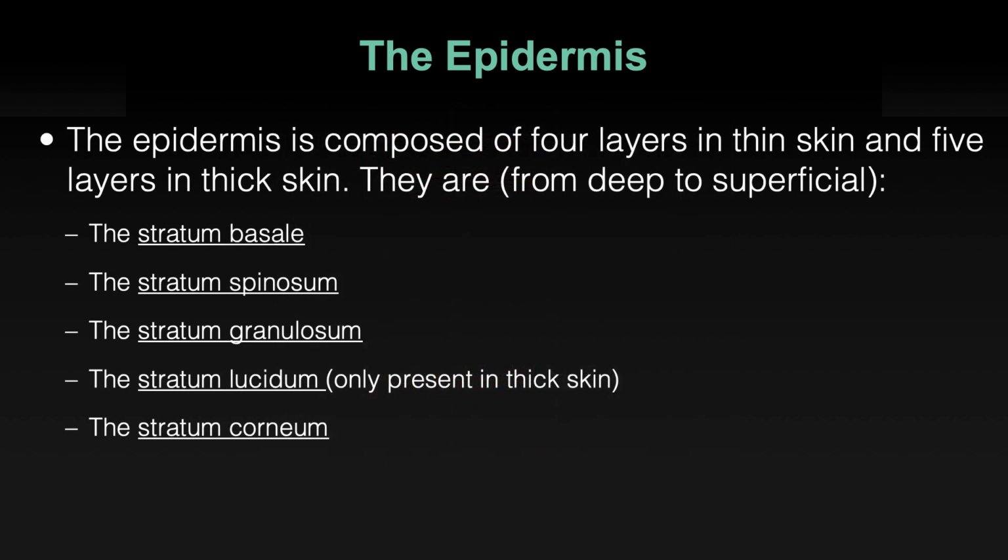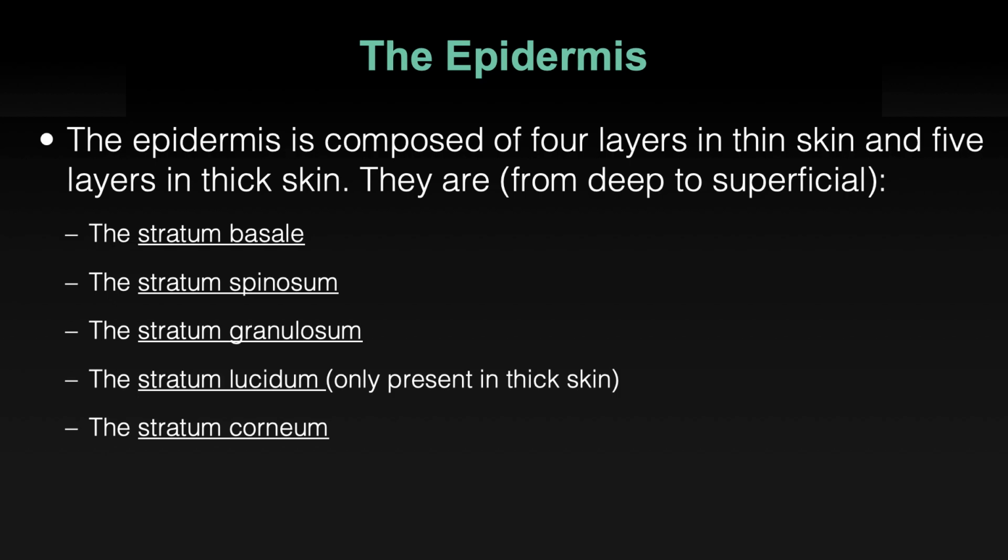The epidermis has 4 main types of cells. Keratinocytes are the most numerous type of cell, and they're arranged in 5 layers. I'll say 4 or 5 layers.